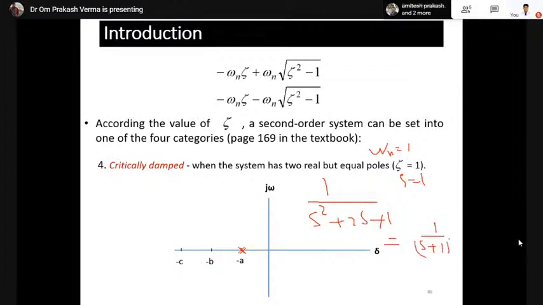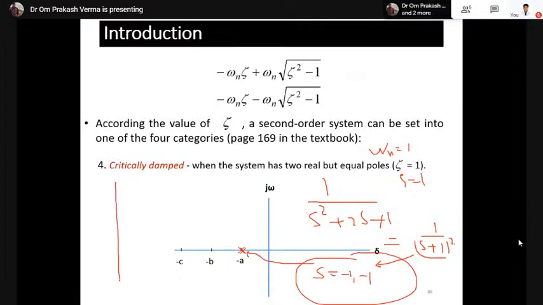When you solve this, you get the two poles: s equals minus 1 and minus 1. It is shown here. So this is a double pole occurring on the left hand side of the complex plane.